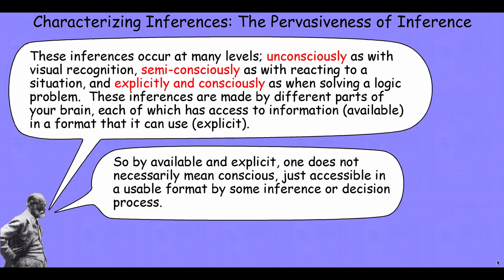So when we talk about available and explicit information, we don't just mean information that we're consciously aware of. Information is available just because it's accessible to a psychological process, and it's unavailable if that psychological process doesn't have access to that information. It's explicit if it's encoded in a usable form so that that psychological process can take advantage of that information. It's implicit if it's not encoded in that way, or if it's not explicitly encoded at all. We'll pick these ideas up in our next lecture module.